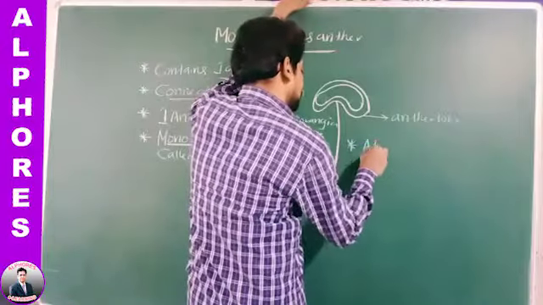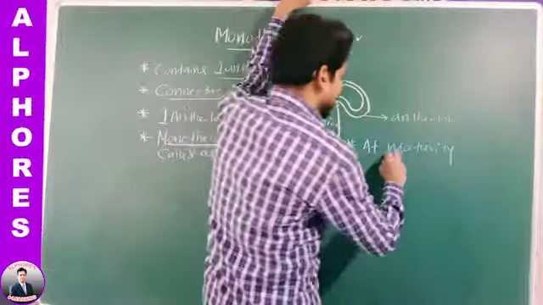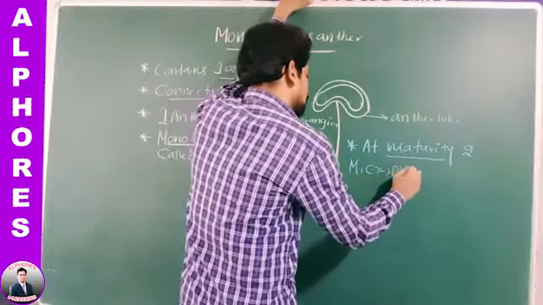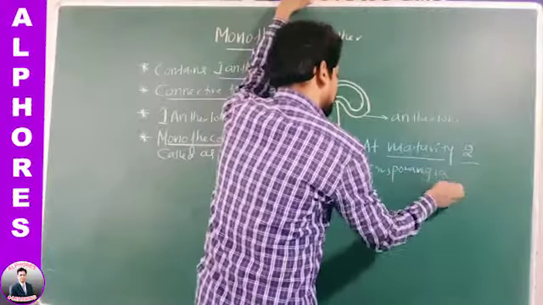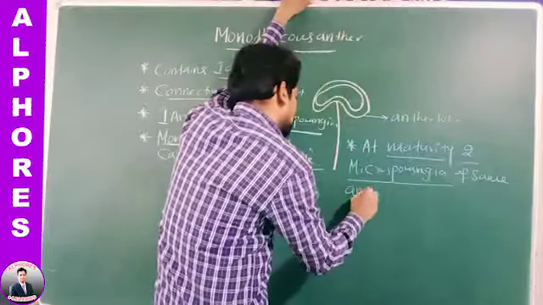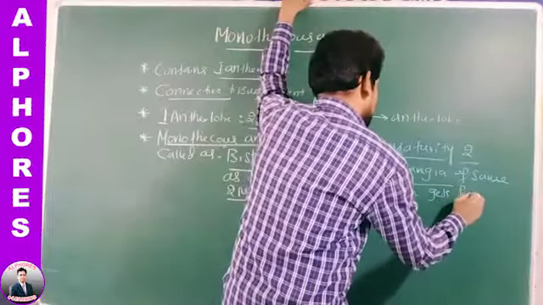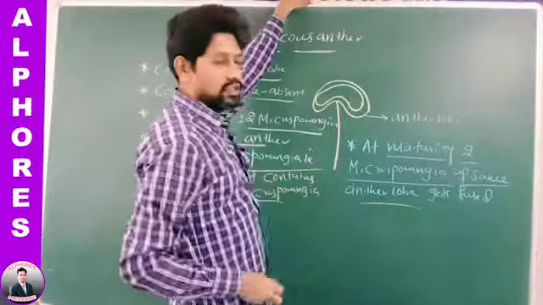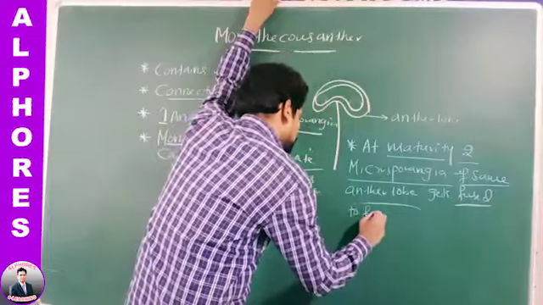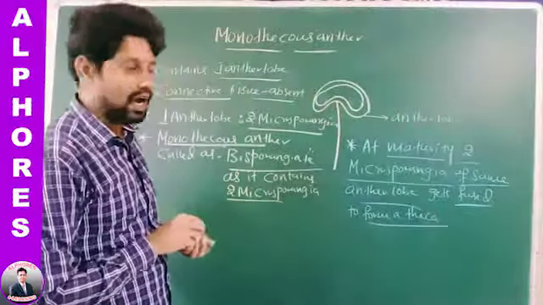So at maturity, the 2 microsporangia of the same anther lobe get fused to form a theca.